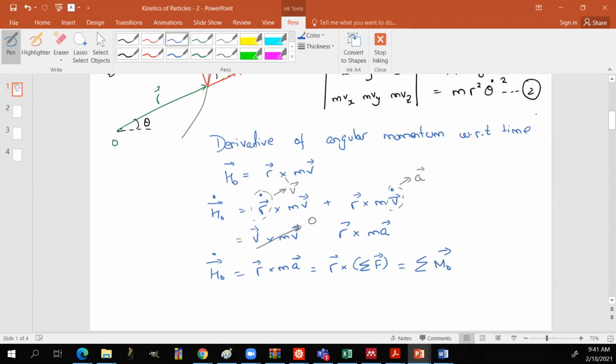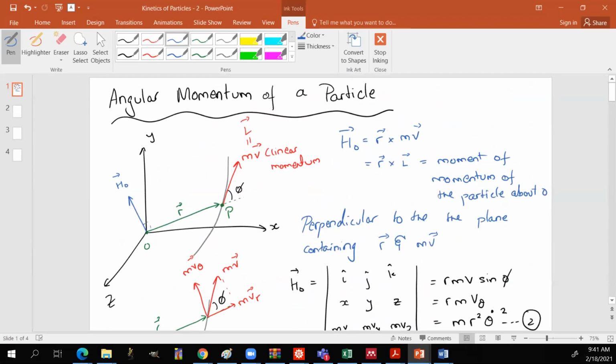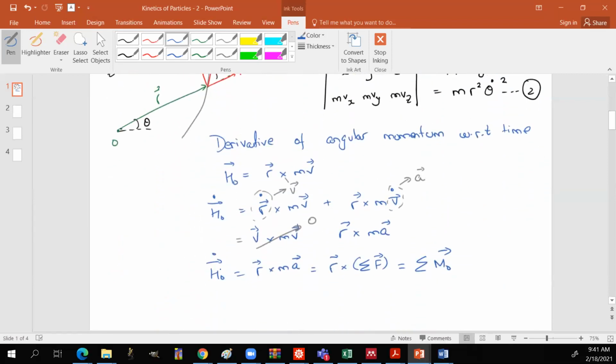The angular momentum is measured about a point, that is that subscript that you're seeing over here. So when I was saying H naught, I should have been saying H subscript O, but shortcuts, we say H naught. So the rate of change of angular momentum about any point is equal to the sum of all the moments due to all the external forces that are acting about that point.